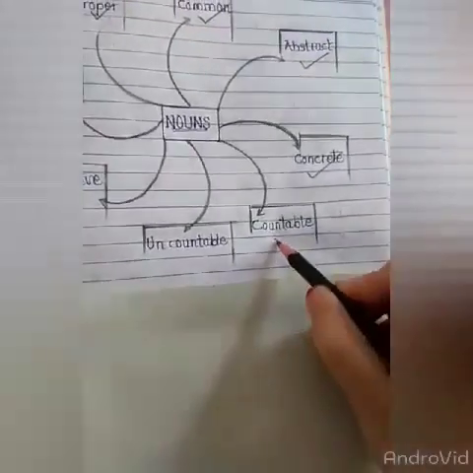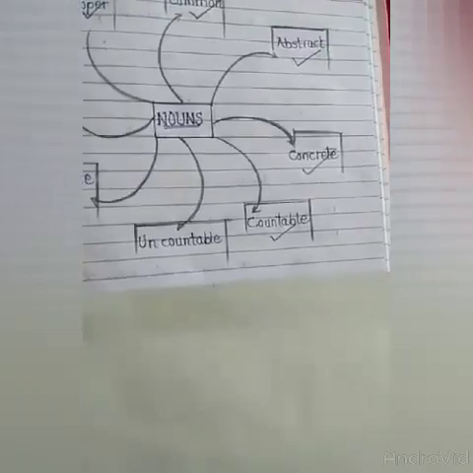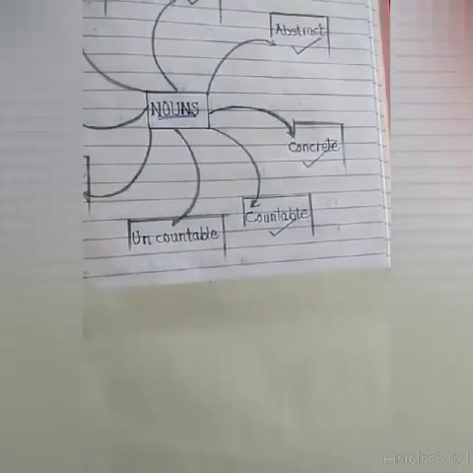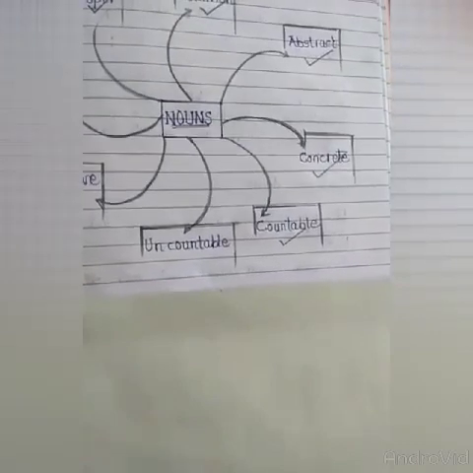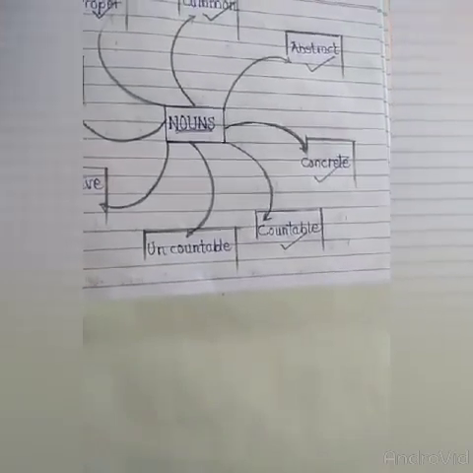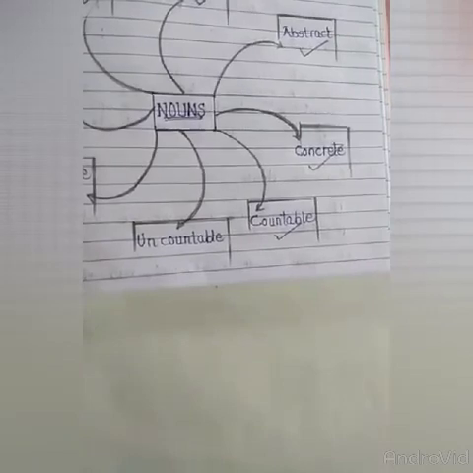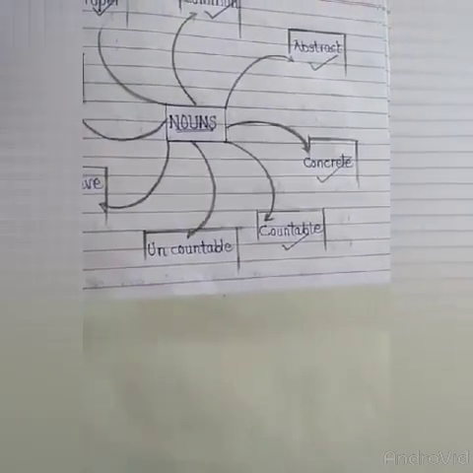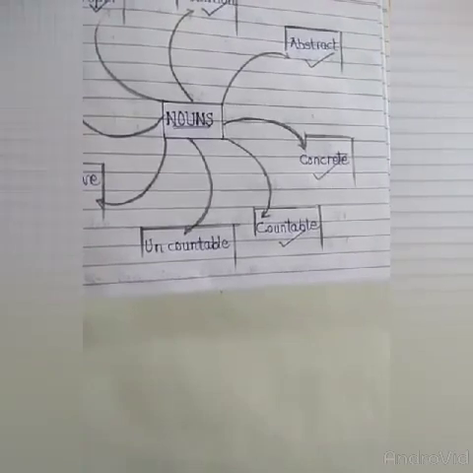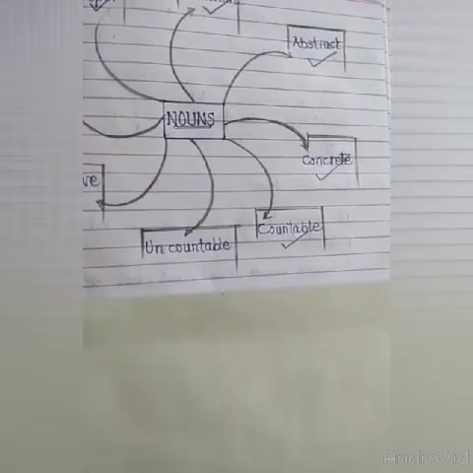Now we will move to countable nouns. The nouns that can be counted are called countable nouns. Countable nouns can be singular or plural. They are used with a or an and numbers like 1, 2, 3, etc. Singular countables cannot be used alone.